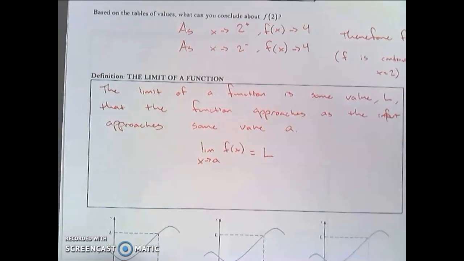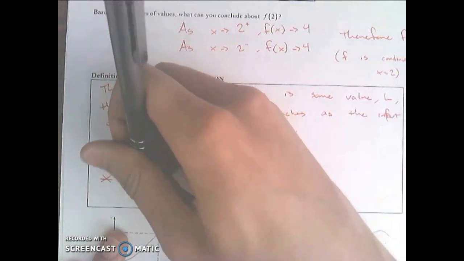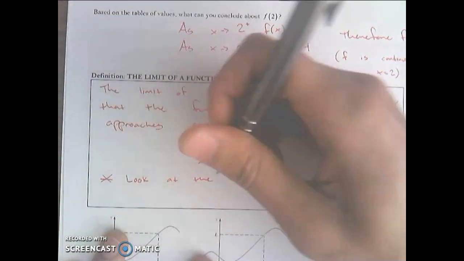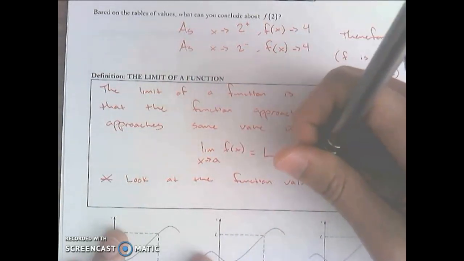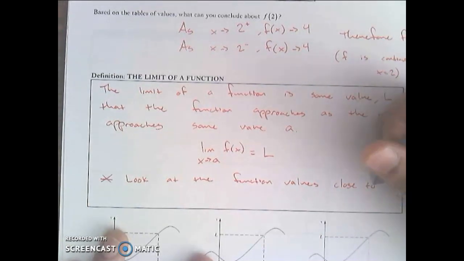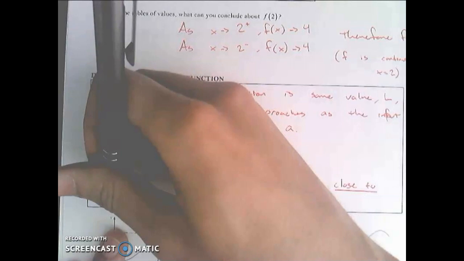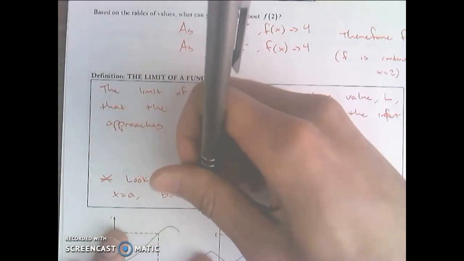One thing that I want to note too, you can put a star next to this. We look at the function values that are close to x equals a, but not necessarily at a. So close to x equals a, but not necessarily f of a.